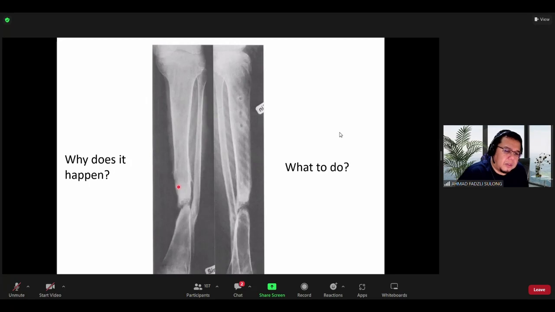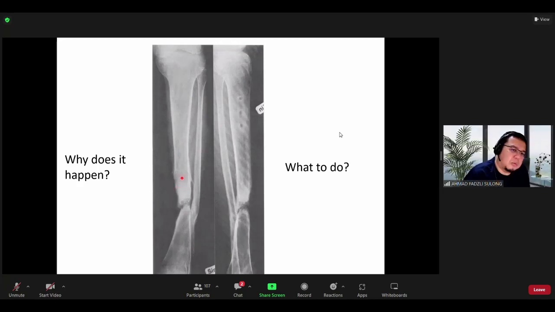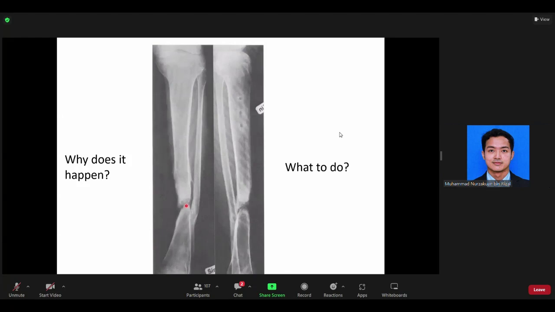Stability provided by fixation and then bone graft. Is that enough? So basically kau bubuh maybe an Ilizarov ke ataupun a nail ke and then sumbat bone graft. Is that what you mean? It's partially correct, but do you think it's enough?